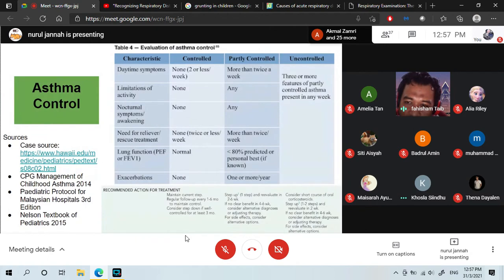So the first one just now, we're talking about prior to treatment, where you want to establish whether the patient needs treatment or not. The second one is when there is an acute admission. The third one is more related to when you start the patient on treatment, which is maybe prophylaxis or combined therapy. Then you want to assess all these things to state your claim again, whether this child has got controlled symptoms or not. At the end of your presentation, you want to say, this is a 4-year-old child who presented with, for example, mild acute exacerbation of asthma, currently on nebulizer.